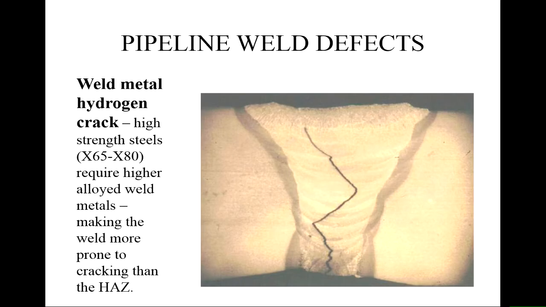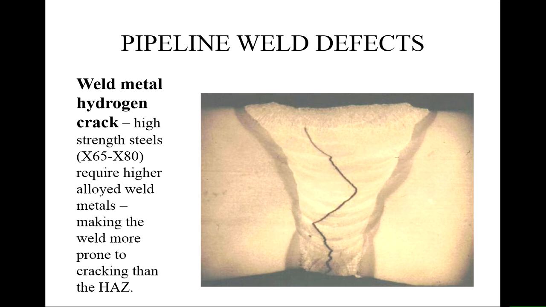Another example here. Previously we had a hydrogen crack only through the heat affected zone, originating from the cap pass, and in this case it originated, can you tell where the cracking originated? From the root, but now it's not in the heat affected zone, it's actually in the weld.